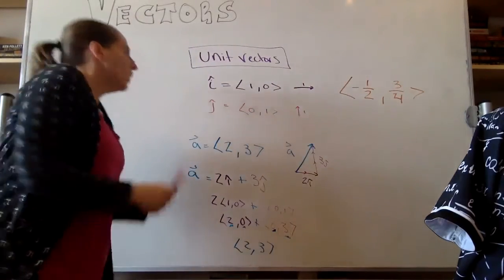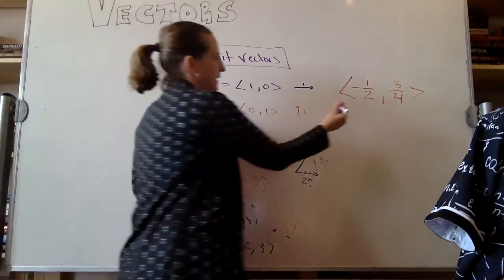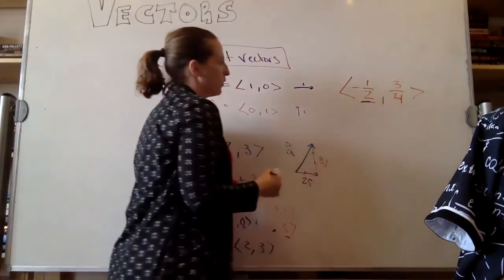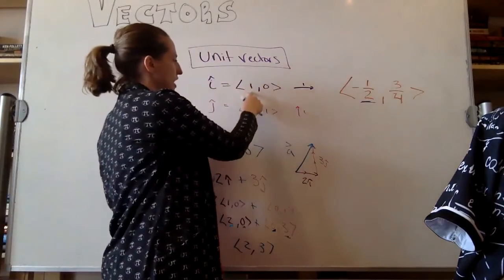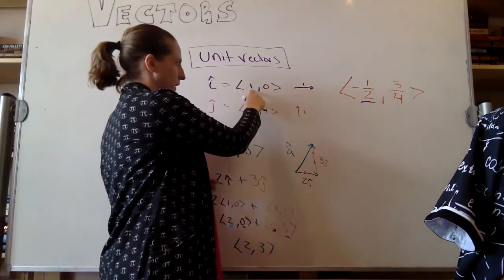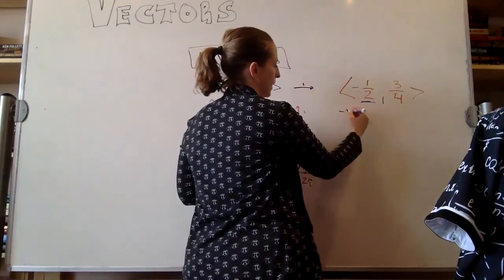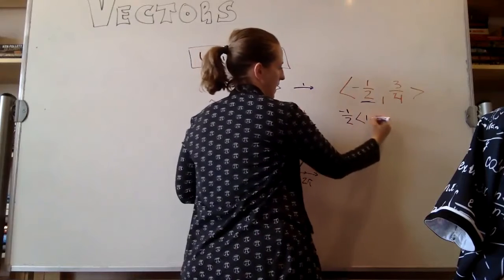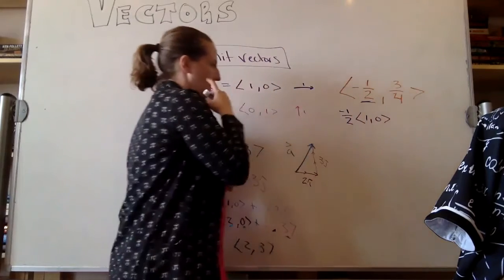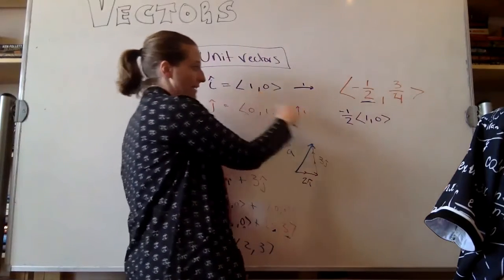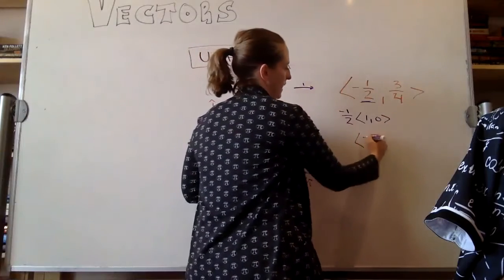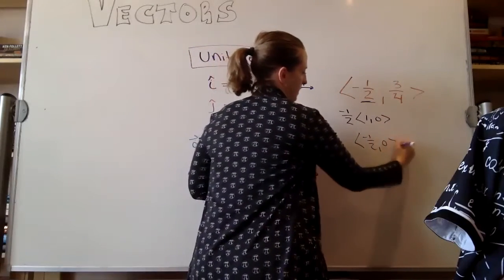In order to go negative 1/2, I need to change my horizontal unit from a 1 to a negative 1/2. I can do that by multiplying by negative 1/2. So when I take my i hat times negative 1/2, I get (-1/2, 0).